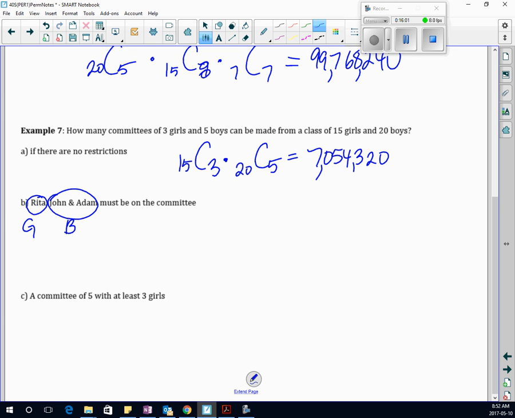Okay, so let's do the girls first. 14C2, very good. And how would we choose the boys? 18C3, very good. Does everybody see why it's those numbers? Once you do it once, you'll figure these things out.